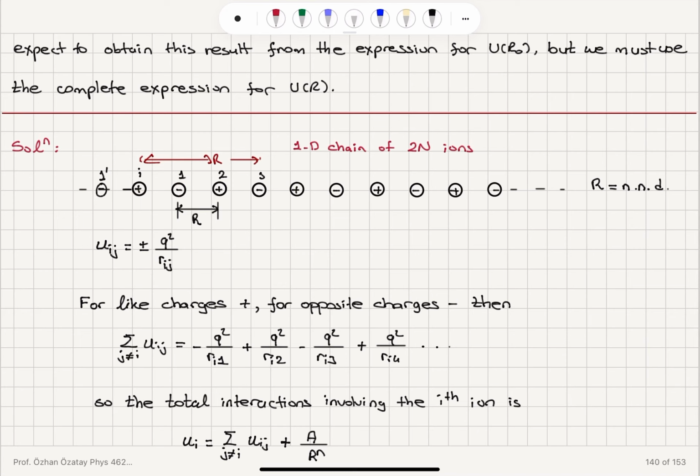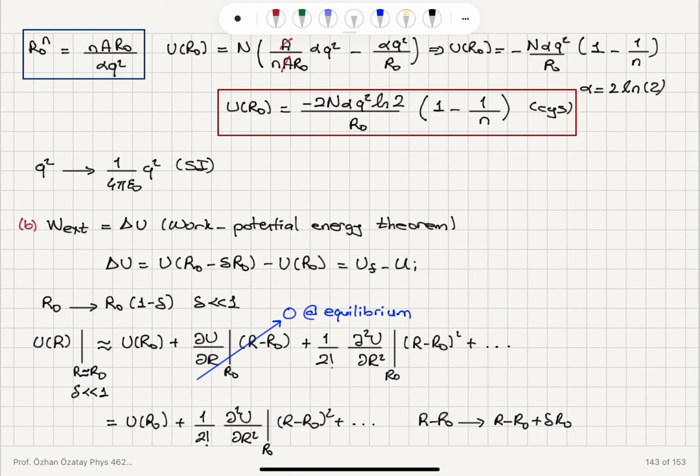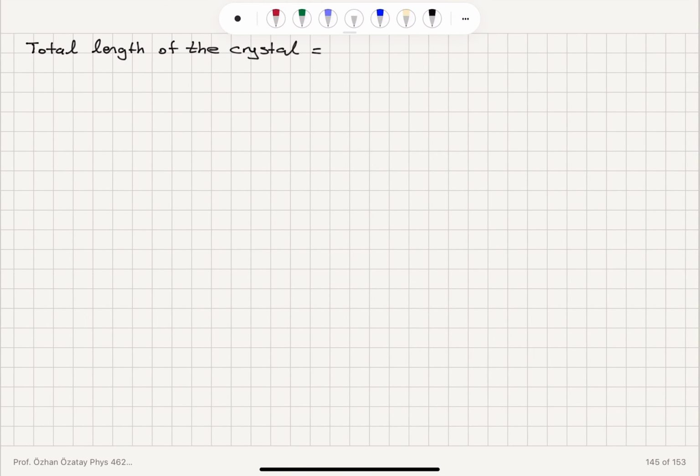So it's going to be equal to 2n times r0. So the number of ions 2n multiplied by r0 is equal to 1. So that's for the unit length of the crystal.